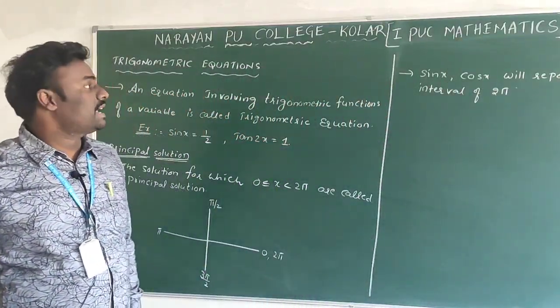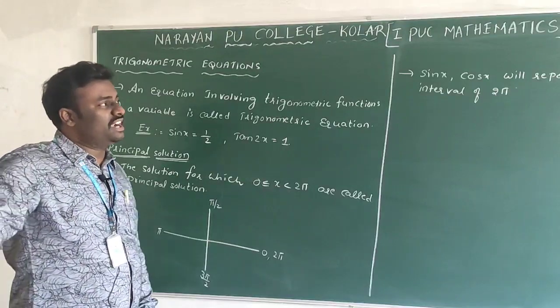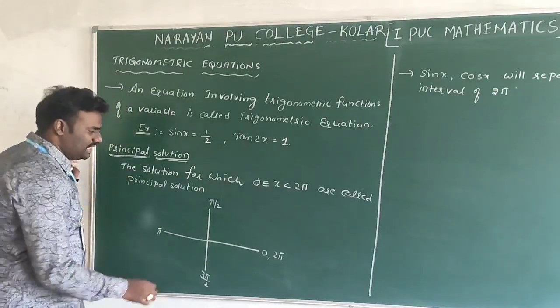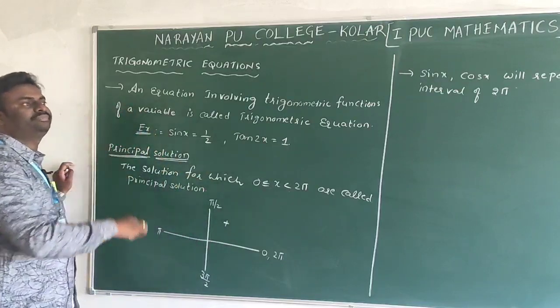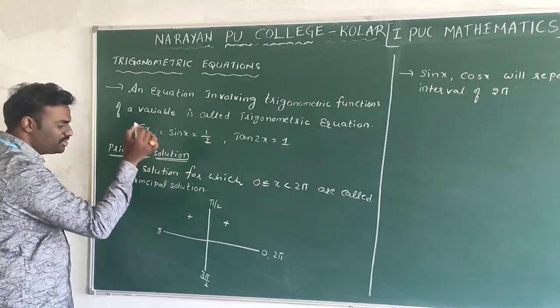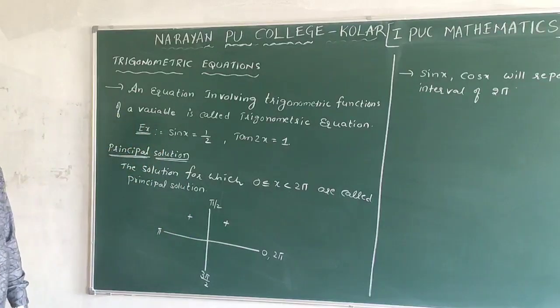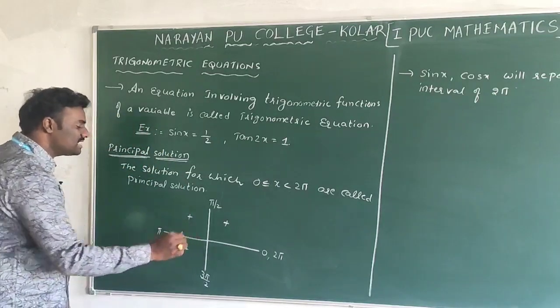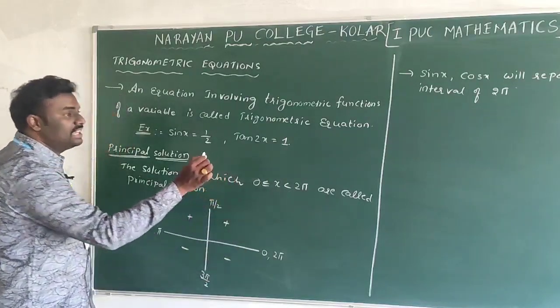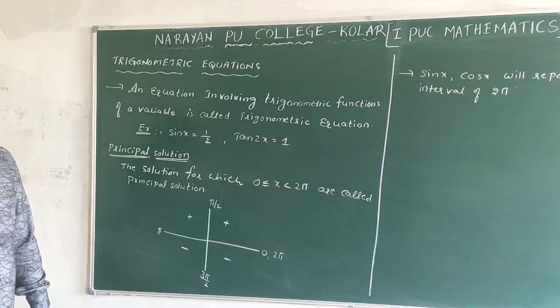Why? Because the sin function is positive in the first quadrant, positive in the second quadrant, negative in the third quadrant, and negative in the fourth quadrant.